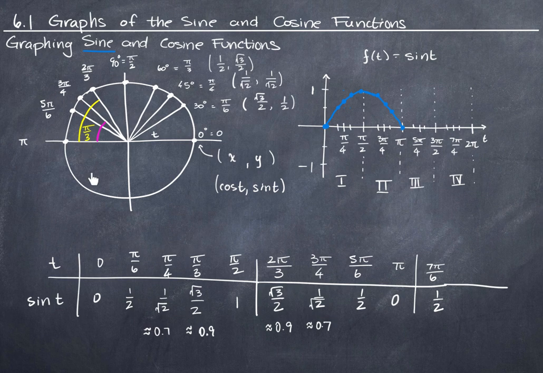But in this quadrant, y values are negative, so now it's going to be negative a half. So when I plot that point, I'm going to be at 7 pi over 6, which is right here, and at negative 1/2, which is about there. So the graph will continue down here like this.